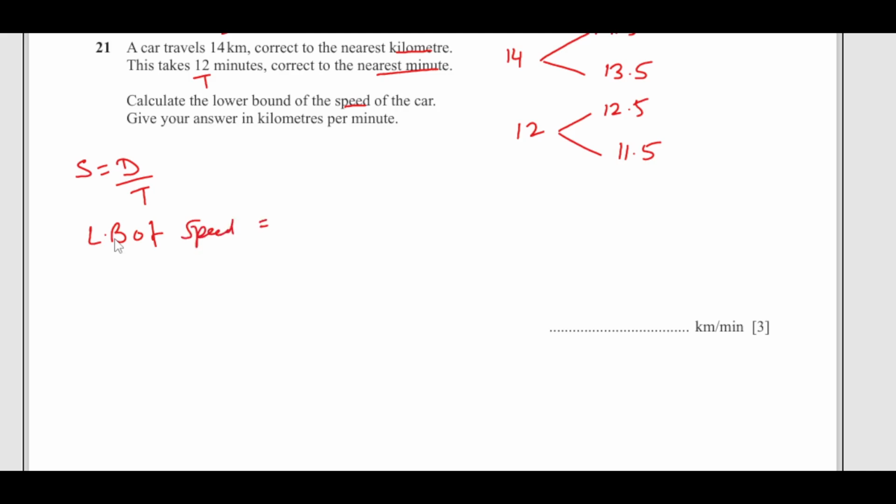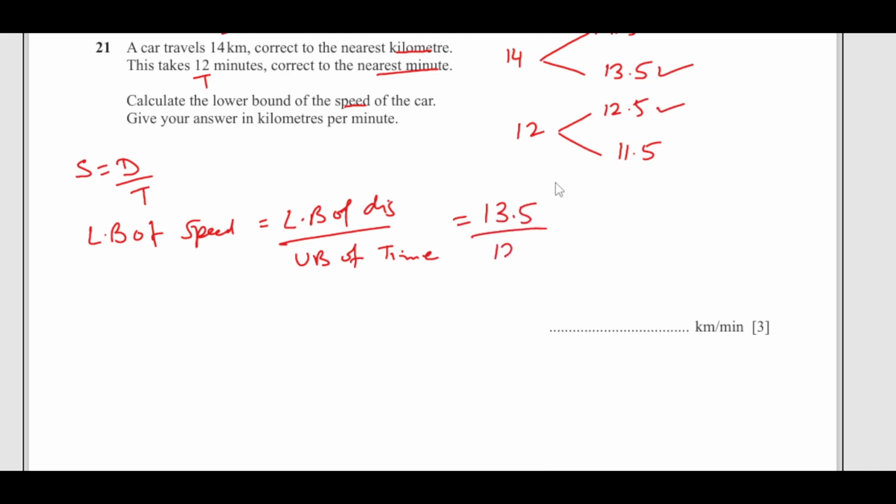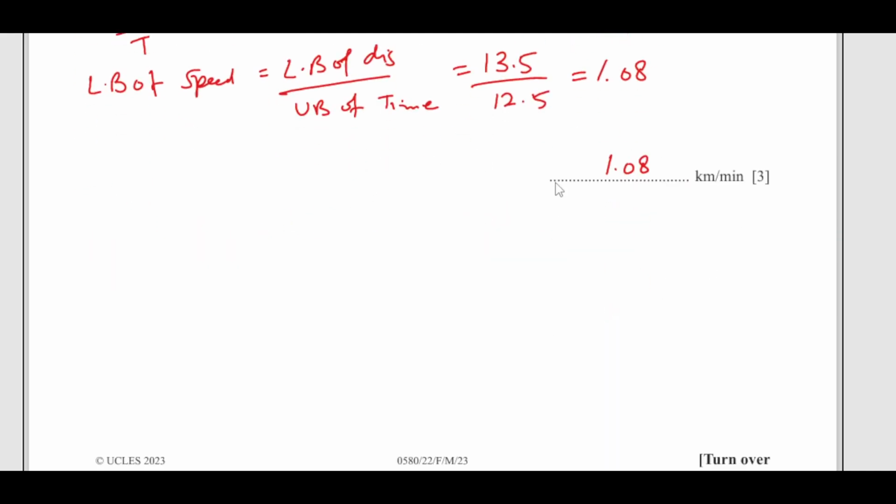For the lower bound of speed, we will have lower bound of distance over upper bound of time, right. So it is 13.5 divided by 12.5, which is 1.08. So 1.08, right, is the final answer.